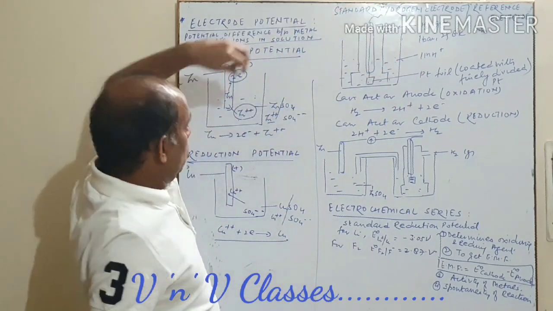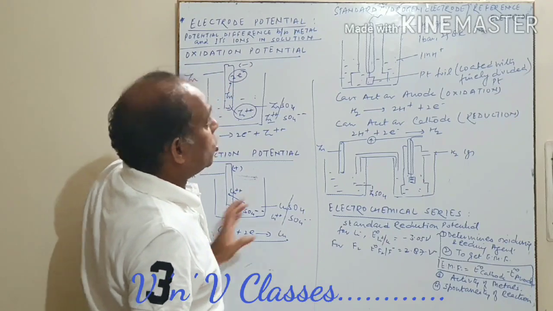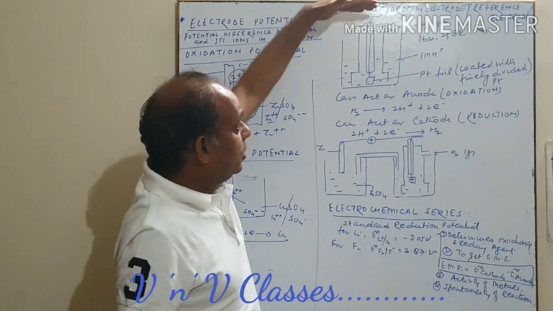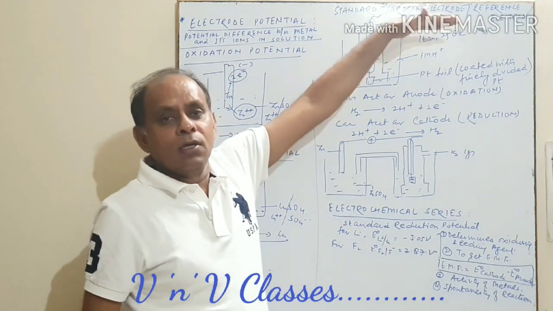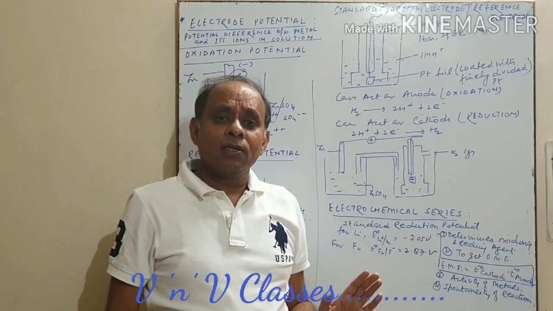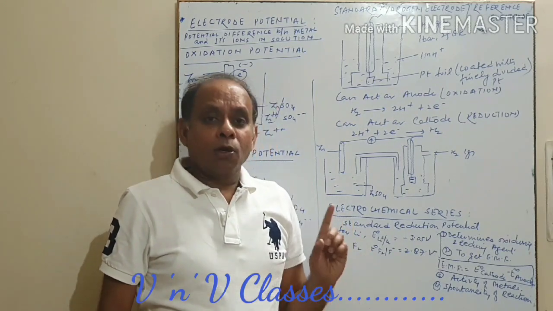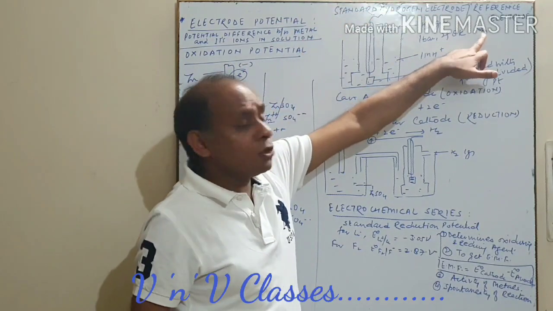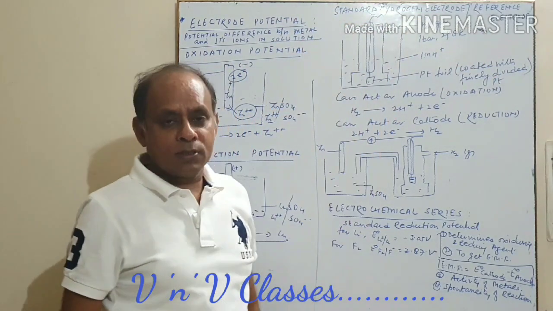That's why, to measure these electrode potentials, we have a reference electrode, called the standard hydrogen electrode. All the electrode potentials of metals are obtained by comparison with the standard hydrogen electrode, and it is also called the reference electrode.